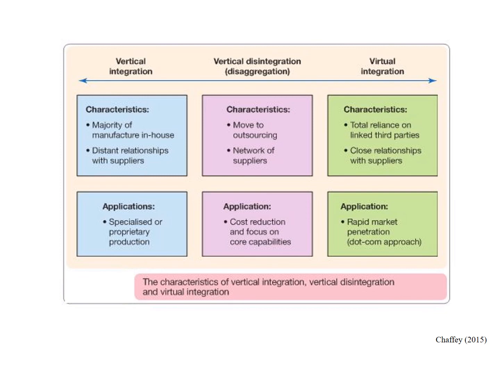In terms of vertical disintegration, we're talking about a move to outsourcing, a supply network of suppliers, and applications in cost reduction and focus on core capabilities. And virtual integration: the characteristics are total reliance on linked third parties, close relationships with suppliers, and applications in rapid market penetration, the .com approach.